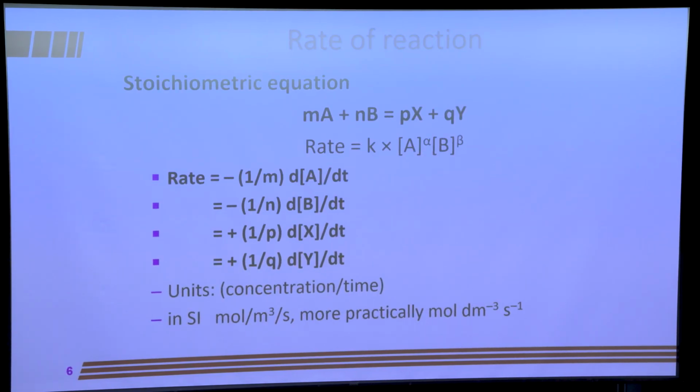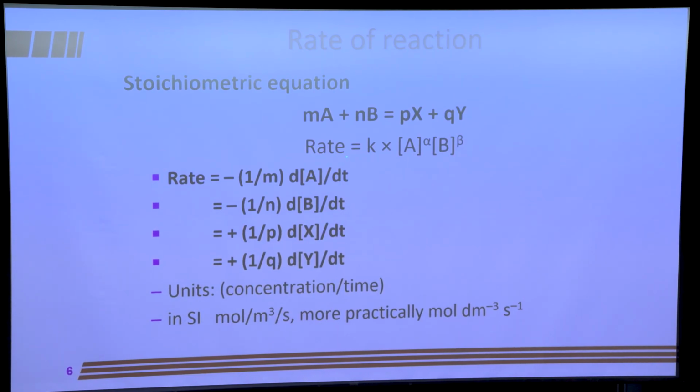Okay, so in general then, if we have n moles of A and n moles of B giving us P moles of X and Q moles of Y, we can say the rate of this reaction is equal to the rate constant times the concentration of A to the alpha times B to the beta. Actually, it's not entirely true. And I'm just going to take a step backwards for a second, right? It's not entirely true, right?